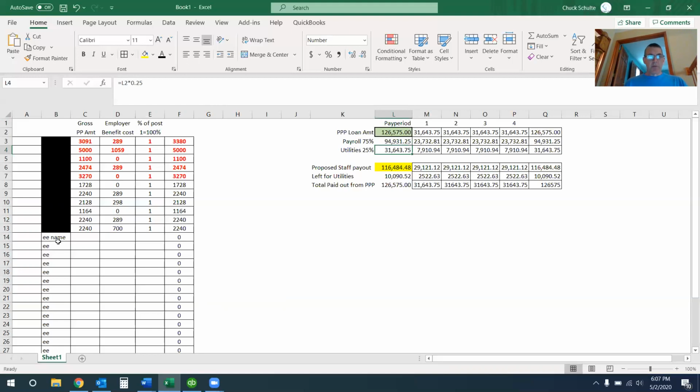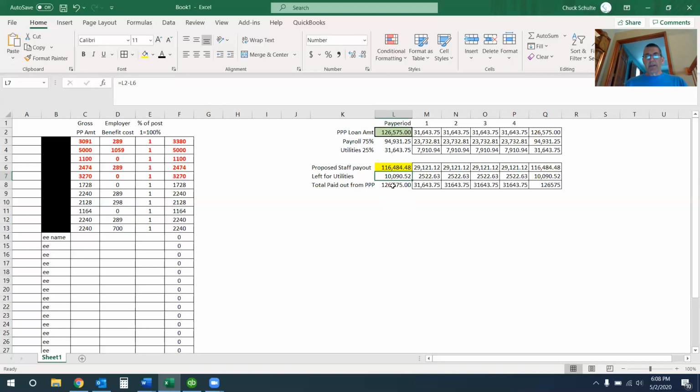When you do all this work over here on the left, it shows up over here as those 4 pay periods on that 8-week course. So there's our 29 and change in each of the 4 pay periods. When you calculate what you're actually going to be spending, it'll do some math up here and tell you what you have left for utilities over that 8-week period.